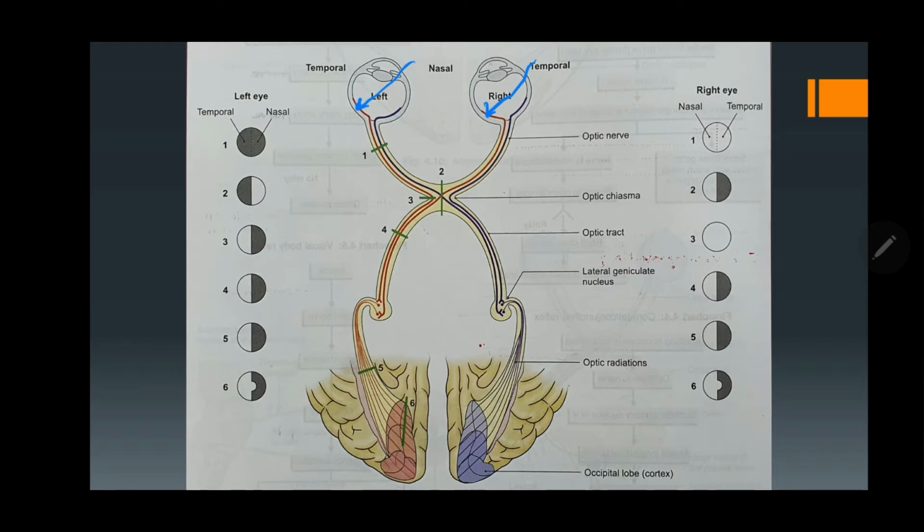So that means from the left half of your optic pathway, you are actually seeing the images of the right half of your visual field. You have all this idea. I've already uploaded lectures on the different portions of this visual geniculate pathway. Anyways, now let's focus upon the lesions.